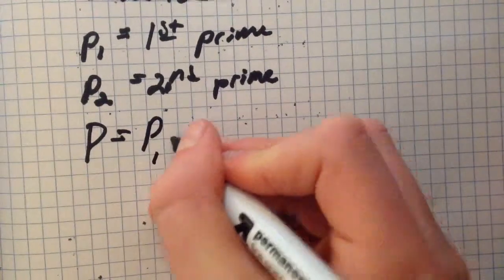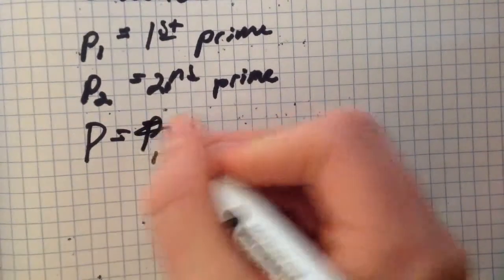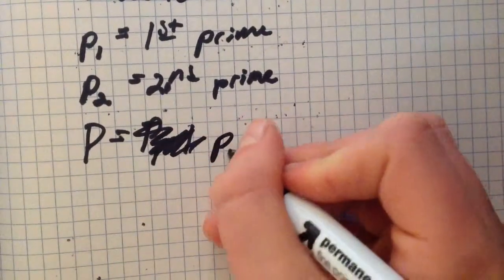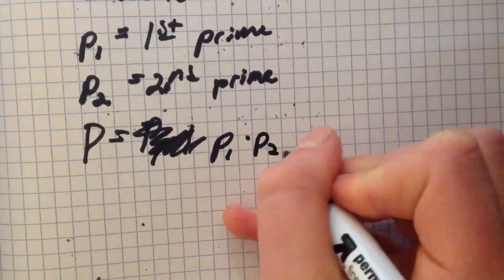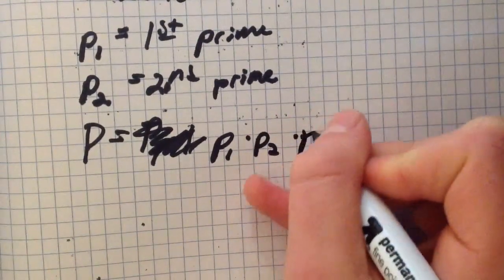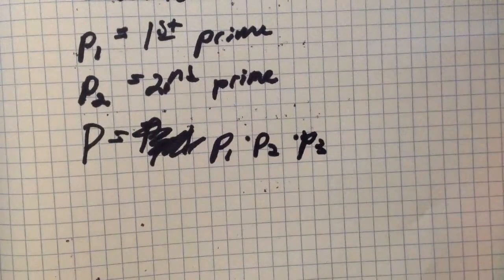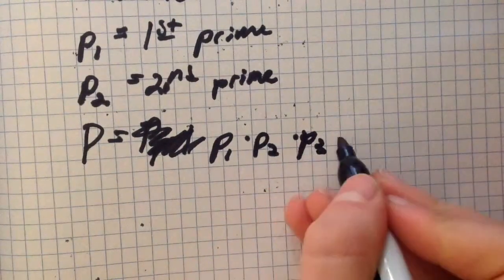Capital P is the product of all the primes, p1 through p sub r, all of them, plus 1.